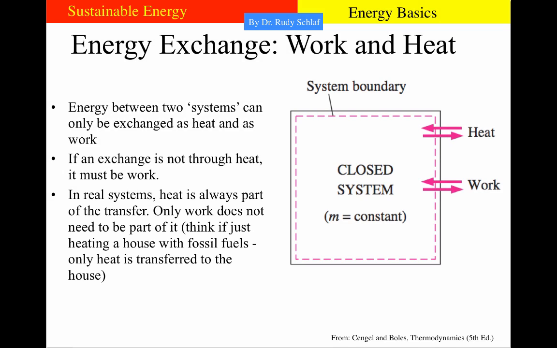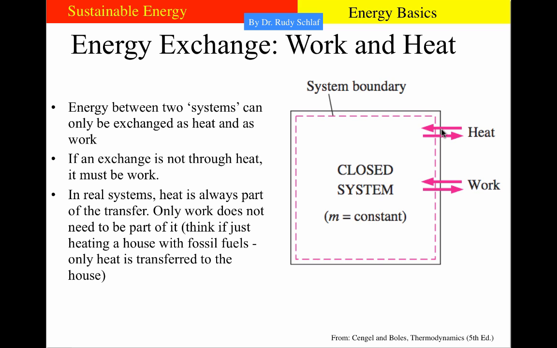Okay, so when it comes to exchanging energy between two bodies or two systems, the only ways to do it is via work or heat. So here you have a schematic figure about that. We have a system that contains bodies, and they interact with bodies on the outside of the system boundary via heat transfer and via work transfer. Whenever there is work transferred, there is always heat coming along in real systems.